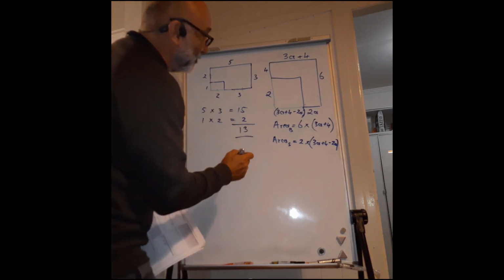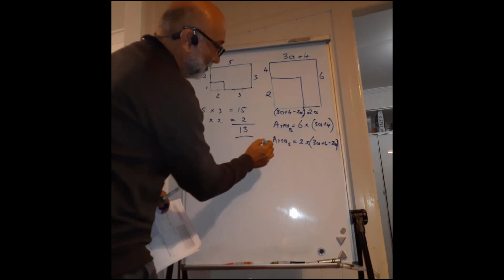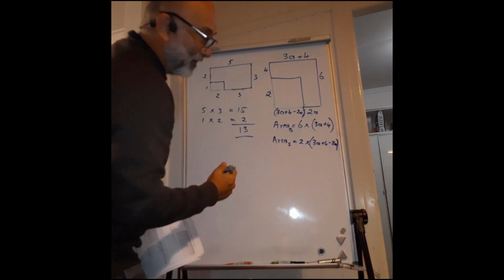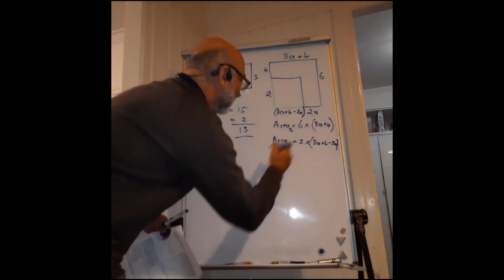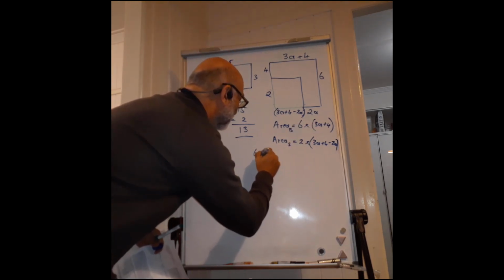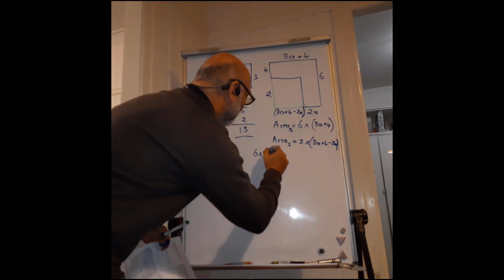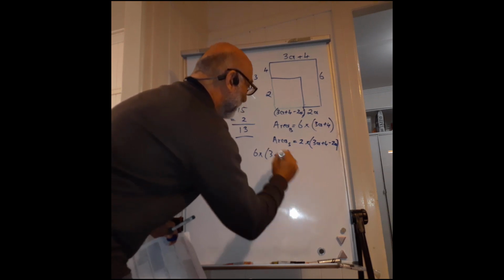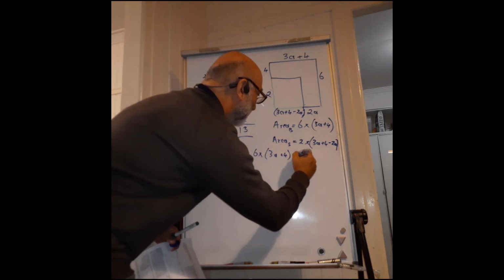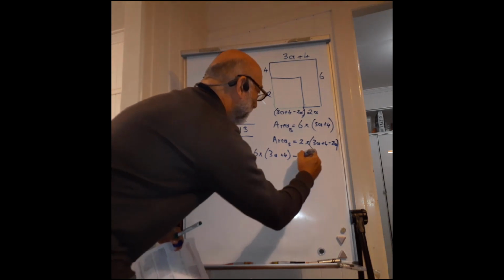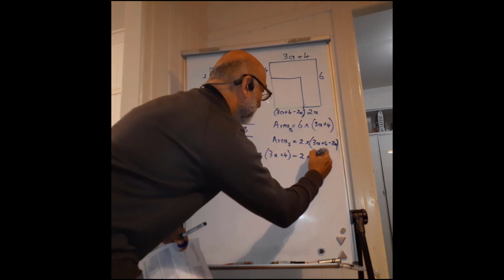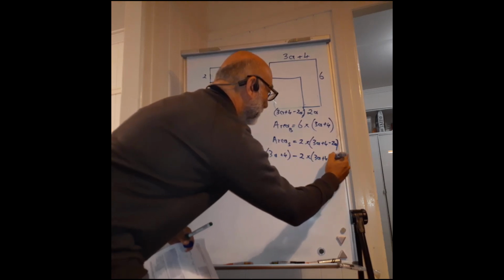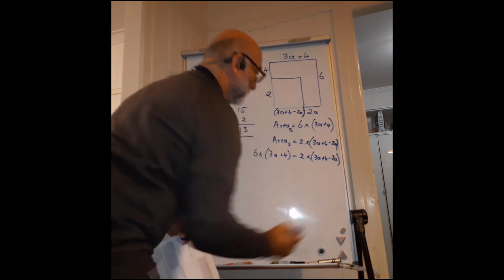And the area that we want is going to be this area minus this area. So I'm going to write all that out. Okay, so I'm going to write 6 times 3a plus 4, and then I'm going to minus 2 times 3a plus 4 minus 2a.